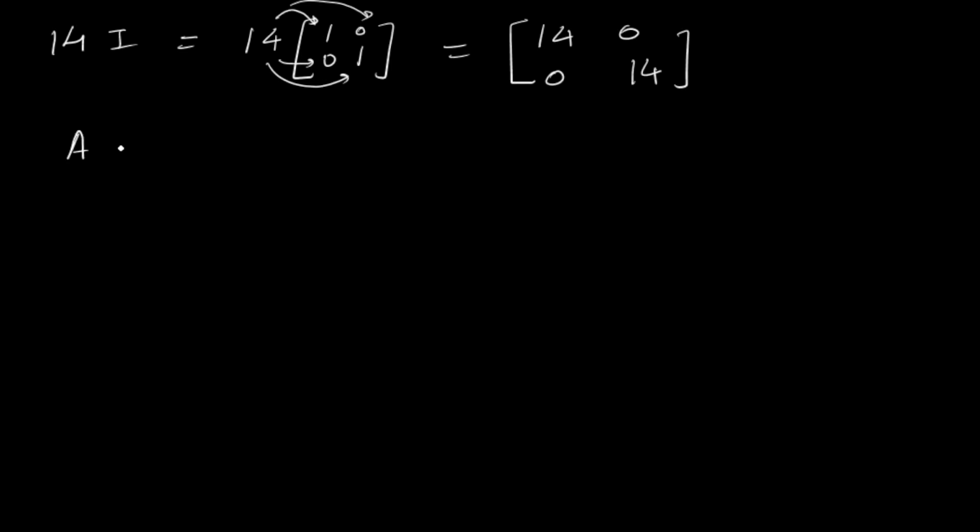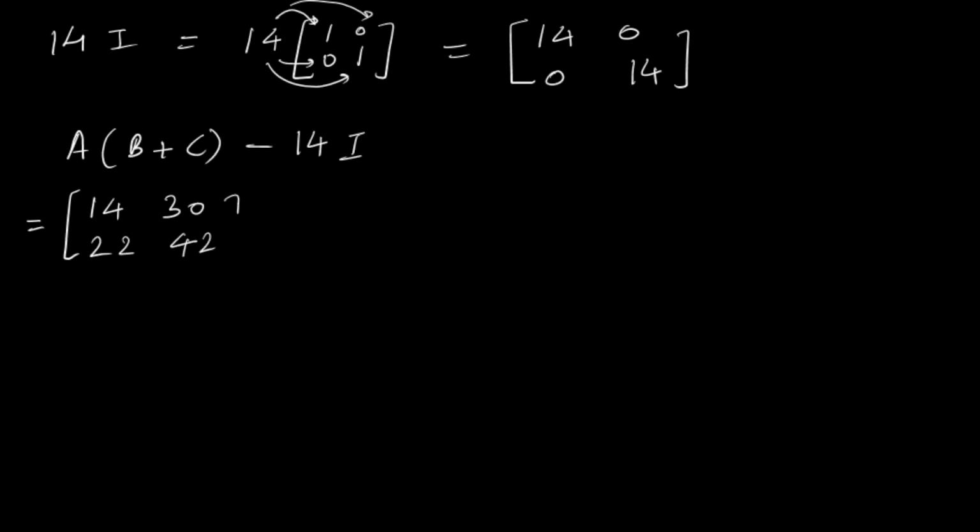Now we just have to substitute. So A into B plus C minus 14I. Let's substitute their values. So A into B plus C, this we have found: 14, 30, 22, 42, minus 14, 0, 0, 14.